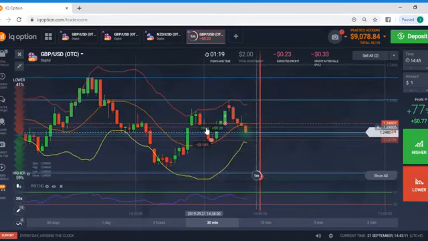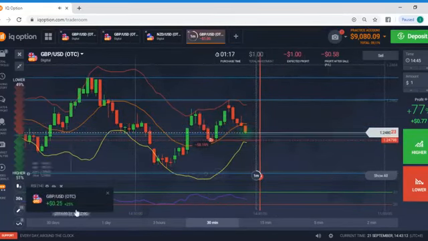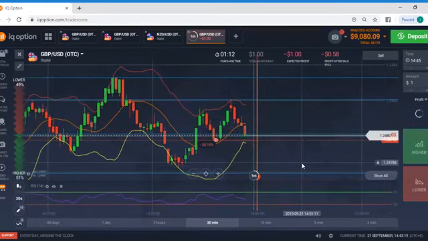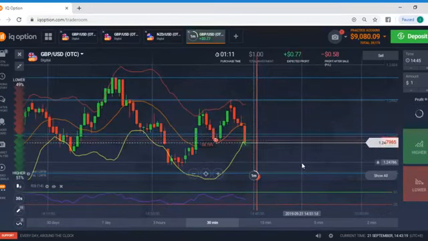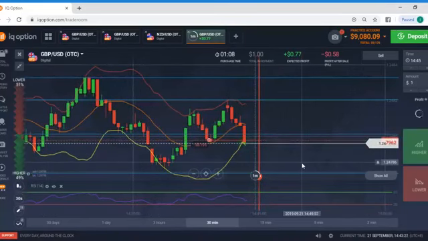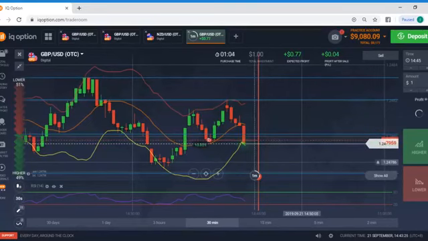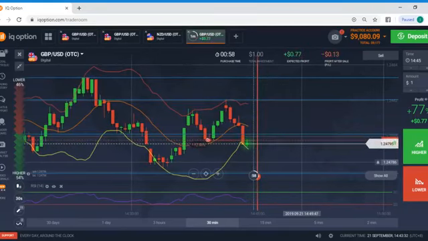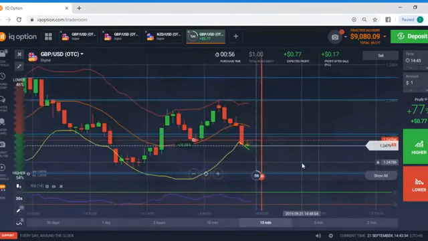So we already have a 26% gain. There you go. Let's see if it will go further down. Yes.